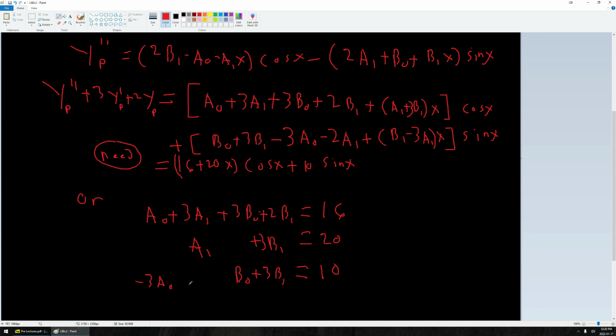And here I'd have a minus 2a0, or a1. Okay, so that would be my system of equations for this bit. And for the last bit, I simply have 0 because there's no coefficient of x sine x. And that would simply need to be equal to b1. And here I get minus 3a1.